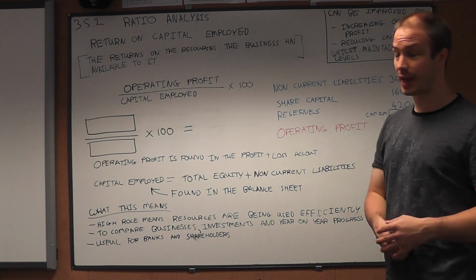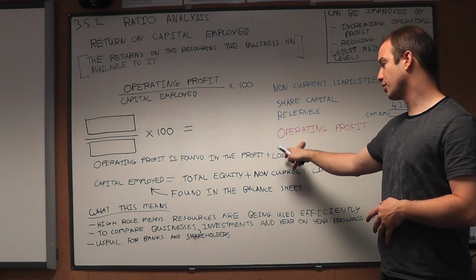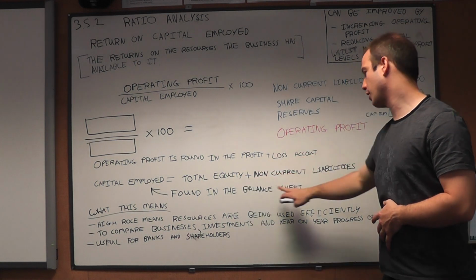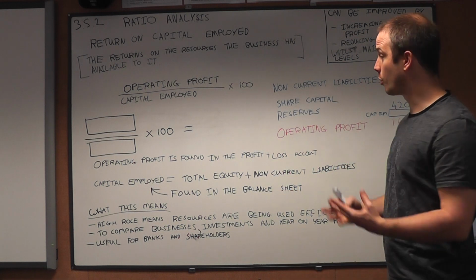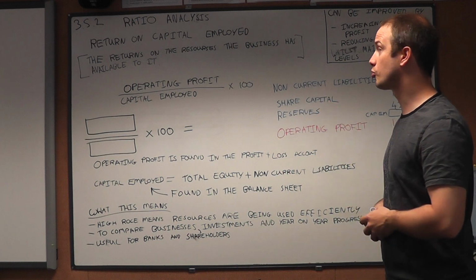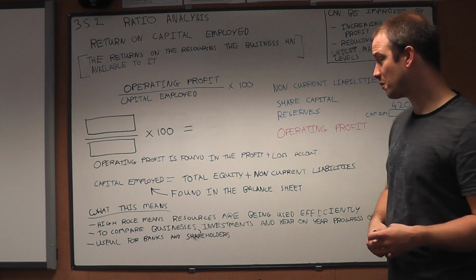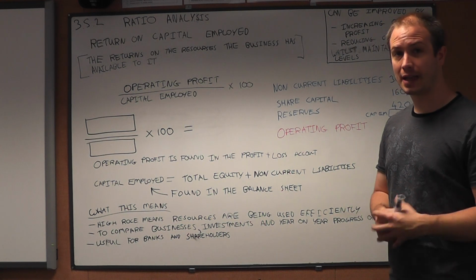So the components of that, as mentioned, the operating profit is found in the profit and loss account, and the capital employed is your total equity plus your non-current liabilities, and those are found in the balance sheet. So we're using both financial statements in order to construct the return on capital employed statistic. So let's have a go at calculating one.